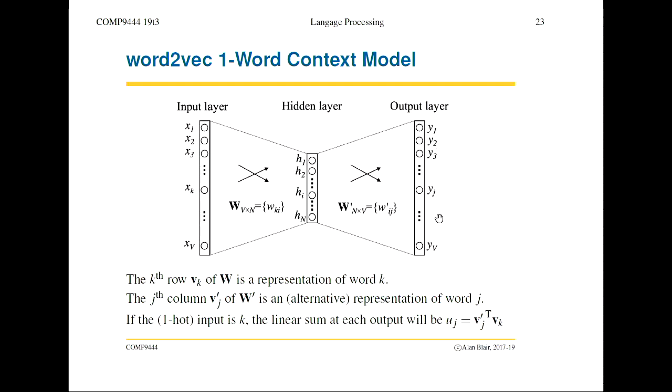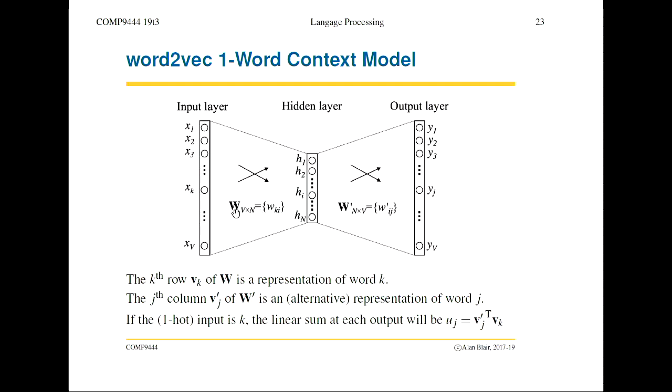So this is a predictive model. We train this as a predictive model. We have pairs of words that occur nearby to each other. We feed in one word, and then we try to train the model to predict the other word.